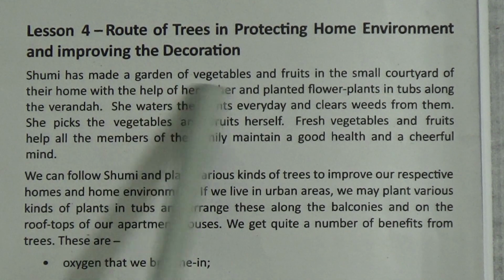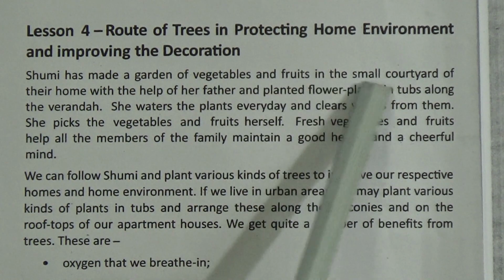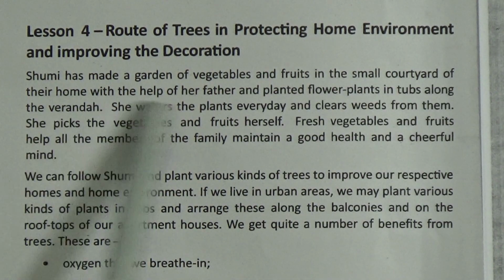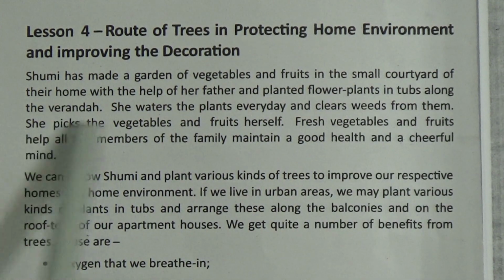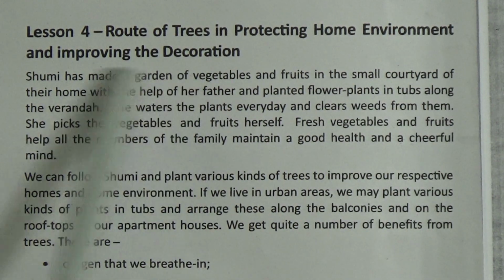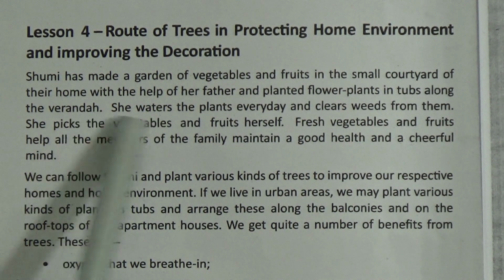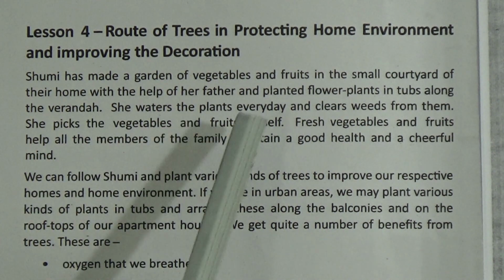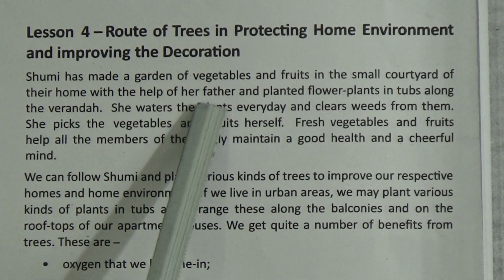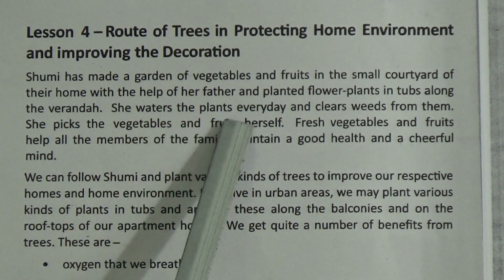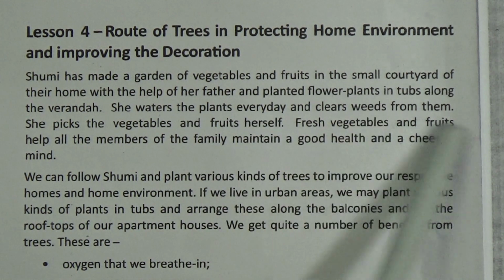Shumi has made a garden of vegetables and fruits in the small courtyard of their home with the help of her father and planted flower plants in tubs along the veranda. So in these lines you can say that Shumi planted some flower plants in tubs along the veranda with the help of her father. She waters the plants every day and clears weeds from them.